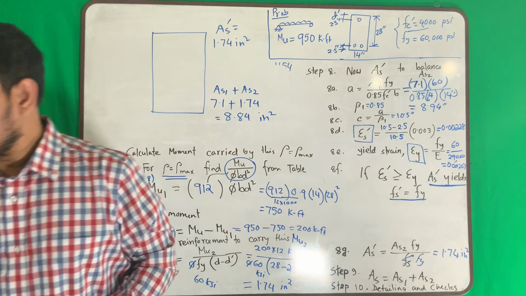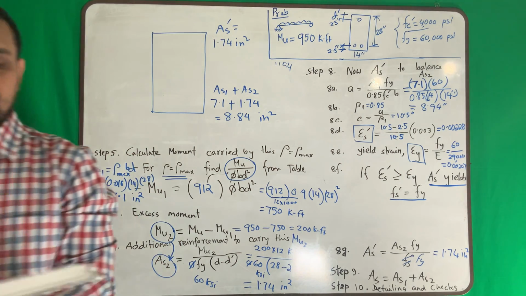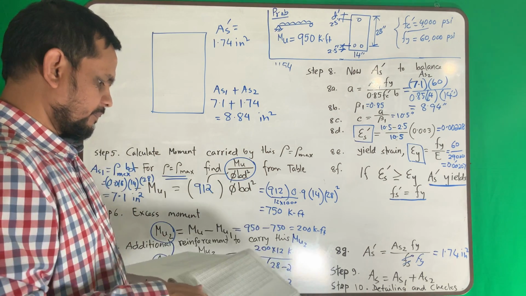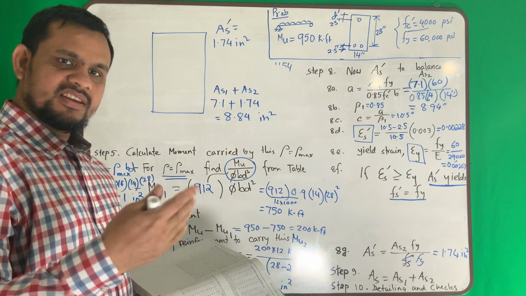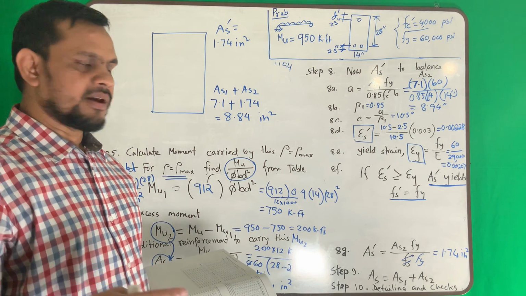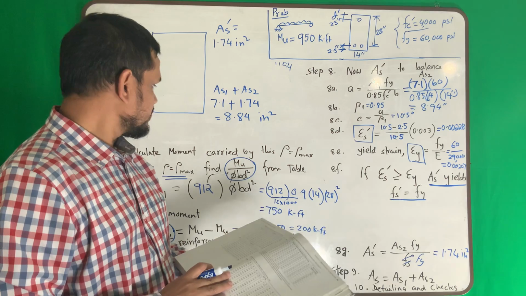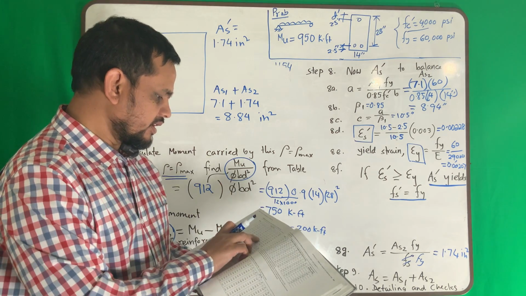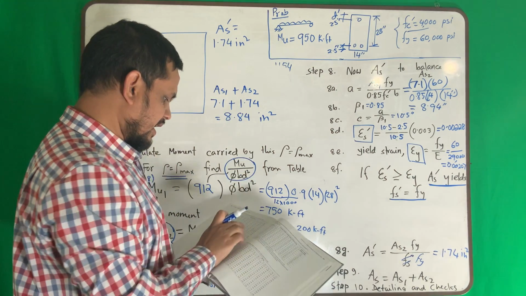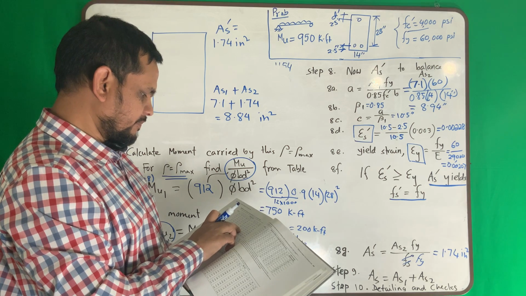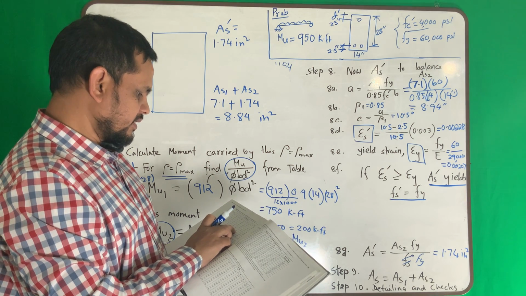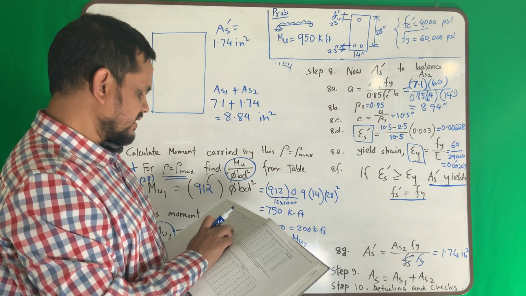Okay, let us go a little more. How many bars you will choose? But that takes time. Detailing takes time. So I don't know whether I should do it or not. Do it very quickly. So 8.84, I can see here 7 number 10 bar. 7 number 10 bar is 8.86.